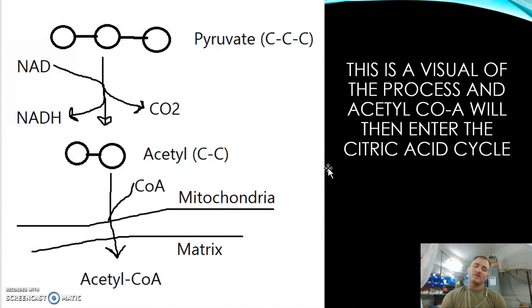Once we get there, one of the questions asked is how it's going to reset so that it can bind again. Once it gets in there, the coenzyme A is going to break off from the Krebs cycle once it enters, and the acetyl is going to go in. Coenzyme A is going to come back, and you're going to continue to get pyruvate from glycolysis coming back down through. Coenzyme A binds, and it just keeps going around and around like that.